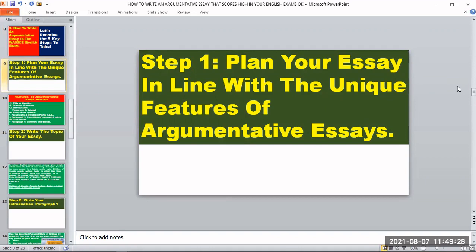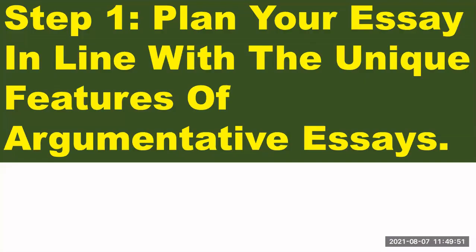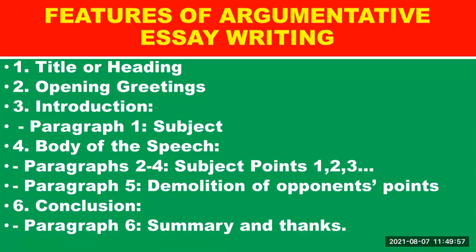And so when you plan your argumentative essay writing, you plan it in line with these unique features. So let's look at the unique features of argumentative essays. All right. So we are going to examine this.